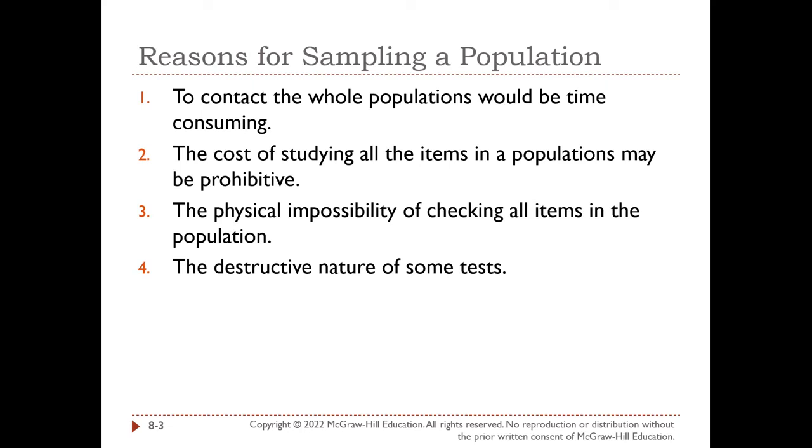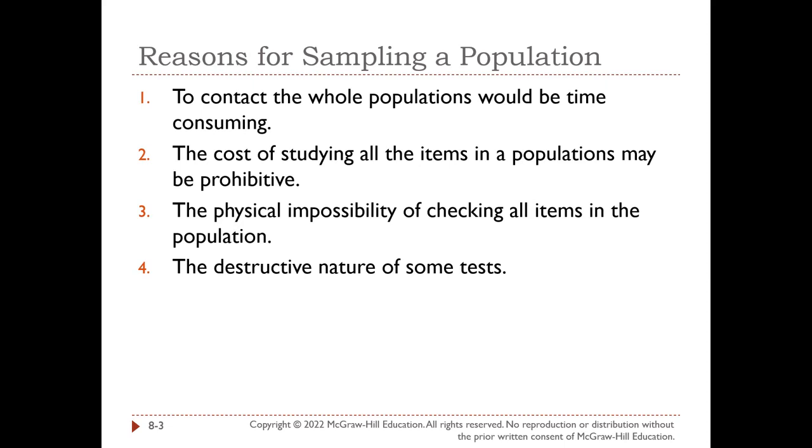And the destructive nature of some tests. I like how they say destructive nature. Again, we're looking at these huge populations, and it just really isn't feasible for us to contact all of them, and we still want to make it so we can estimate properly.